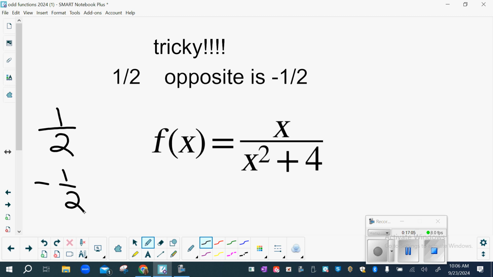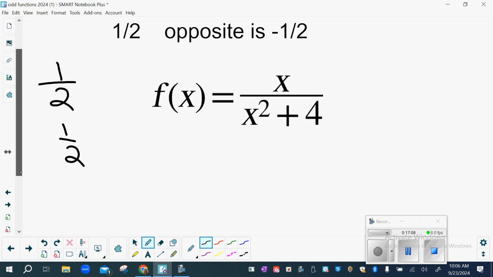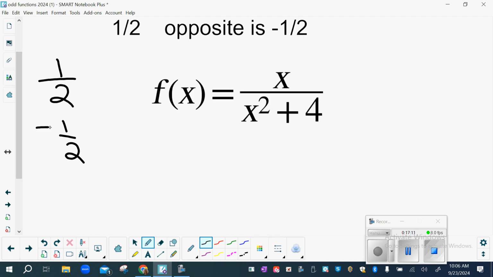But here's the issue. That negative can go either on the top or on the bottom, but does it go to both? Can you tell me why? It would cancel, right?